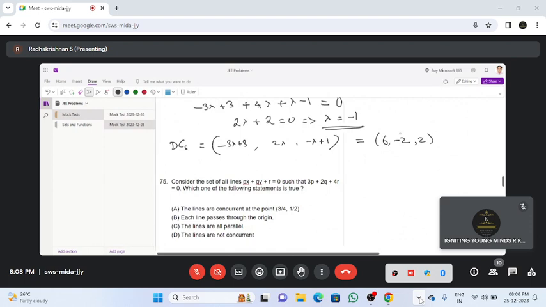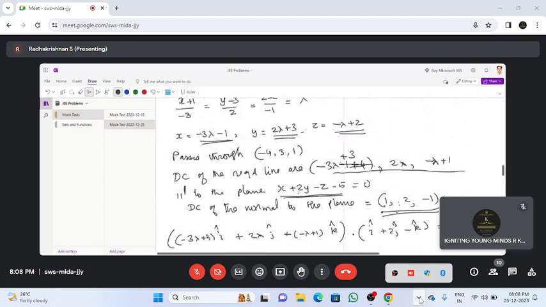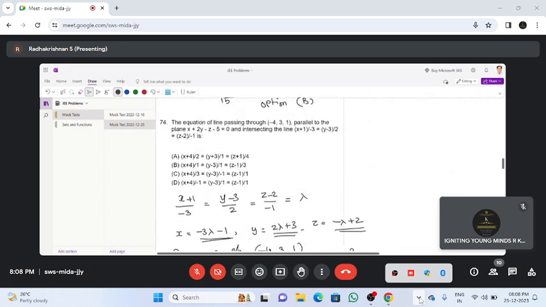So now this is the direction coefficients of the required line, and we have a point also given, right? It passes through minus 4, 3, 1.